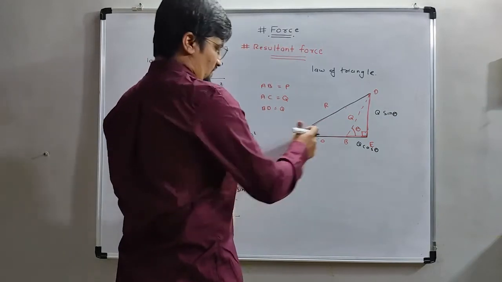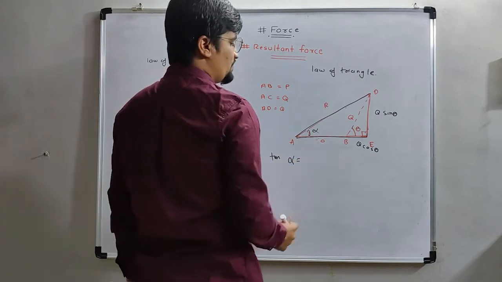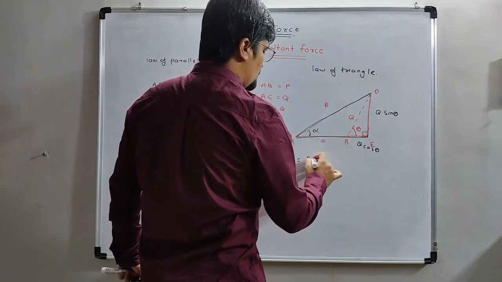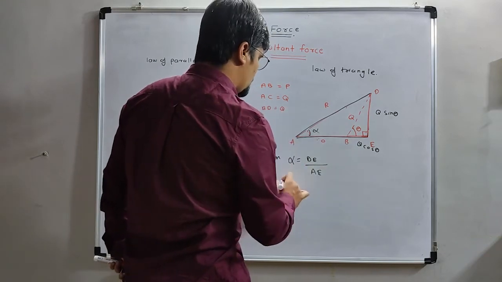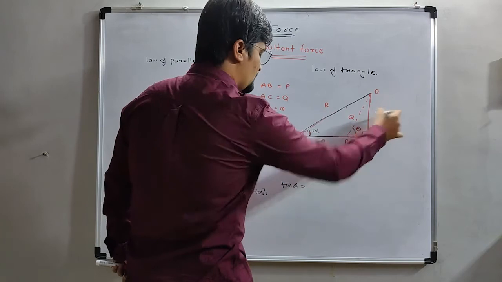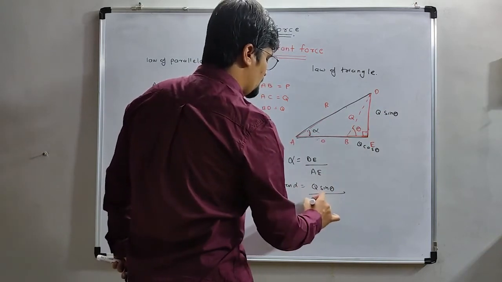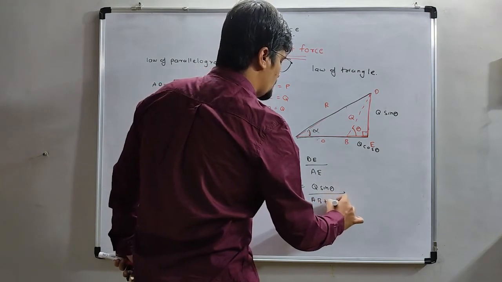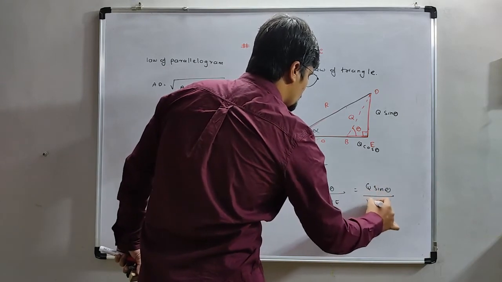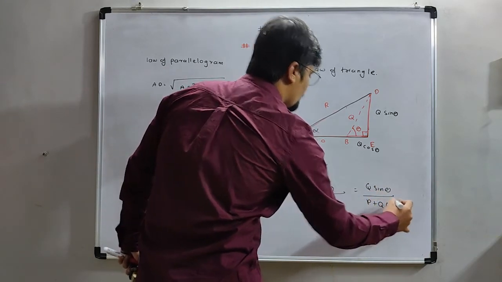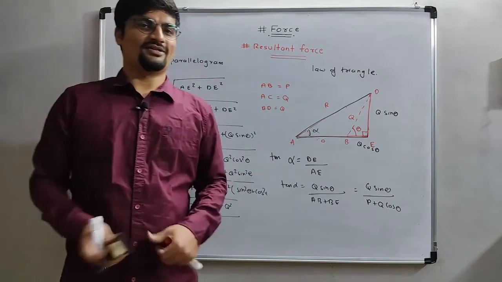If this is the alpha, I will use the equation of tan alpha, which is D by A. So tan alpha is equal to D, the value Q sin theta, and A is equal to AB plus BE. It means Q sin theta by P plus Q cos theta. Likewise, I have found the value of alpha. I hope you all understand.